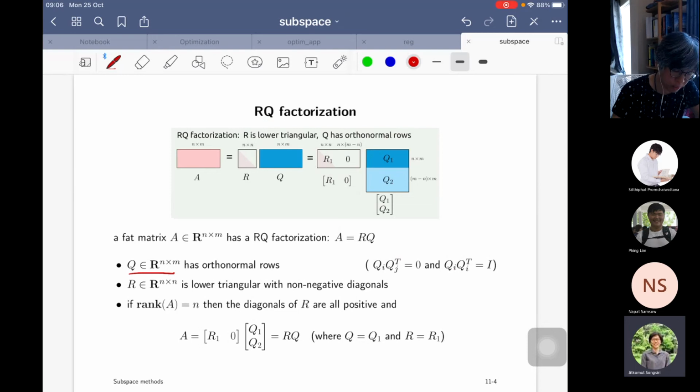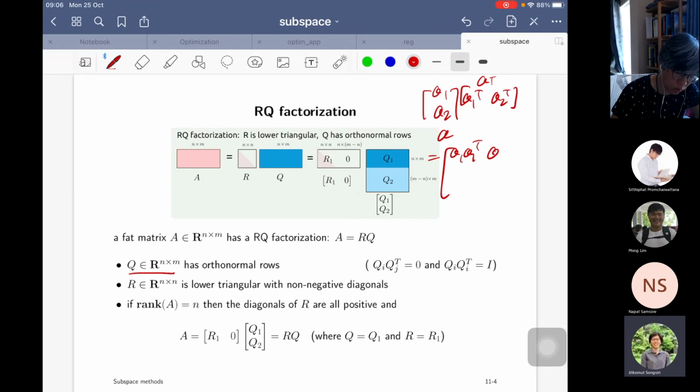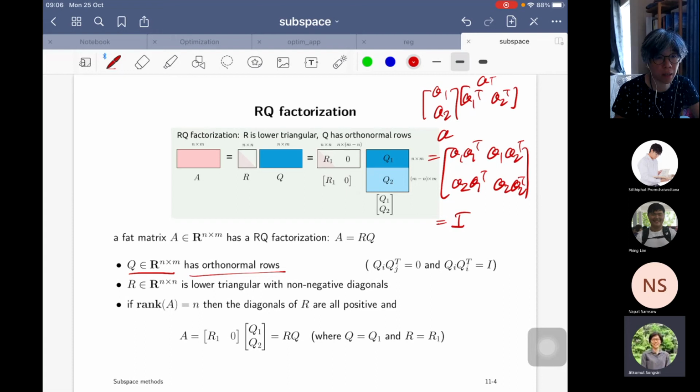That means when you multiply Q with the Q transpose, which is Q1 and Q2 transpose here, you're going to have Q1 Q1 transpose, Q1 Q2 transpose, Q2 Q1 transpose, Q2 Q2 transpose. This has to be identity matrix by the assumption of this RQ factorization. It has orthogonal rows, so this part will be identity matrix. This part will be 0.